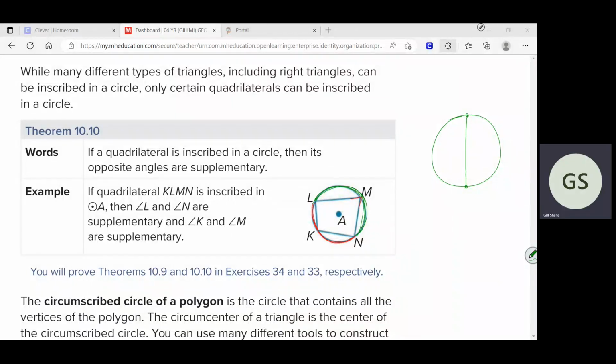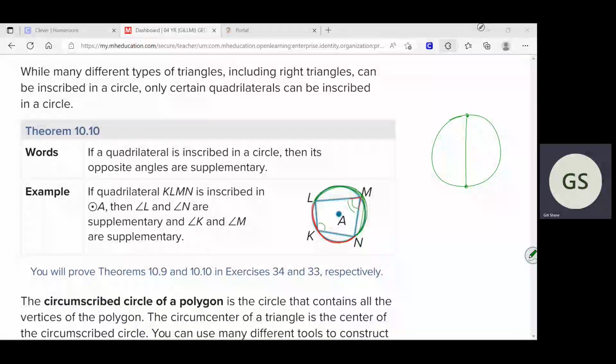Same thing we said every single time: half, right? So if the whole arc is really 360, the angles are half of the 360, so they have to add up to 180.